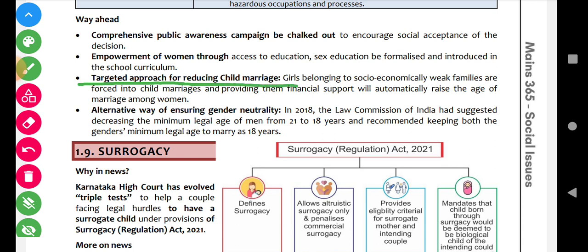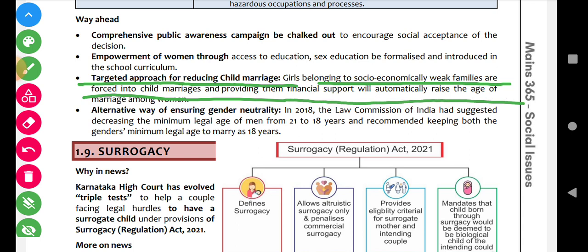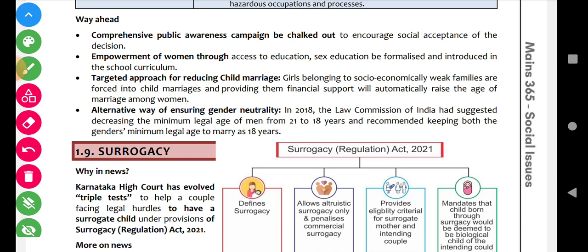Girls belonging to socioeconomically weak families are forced into child marriages, and providing them financial support will automatically raise the age of marriage among women.